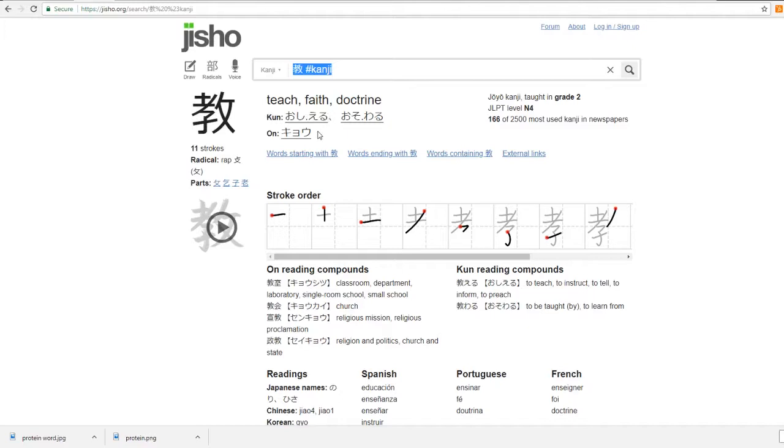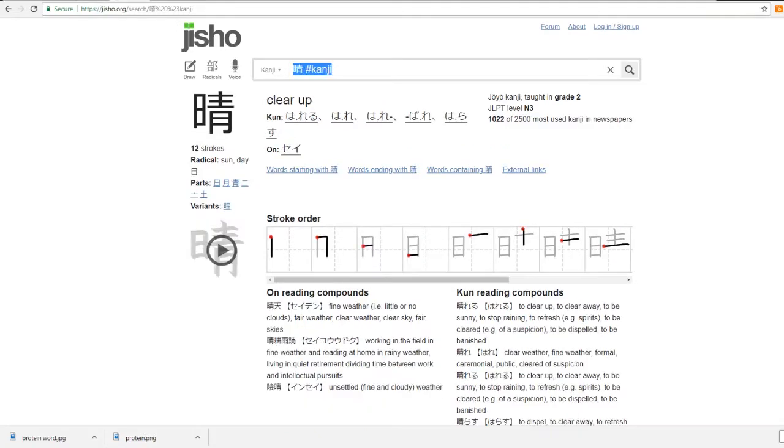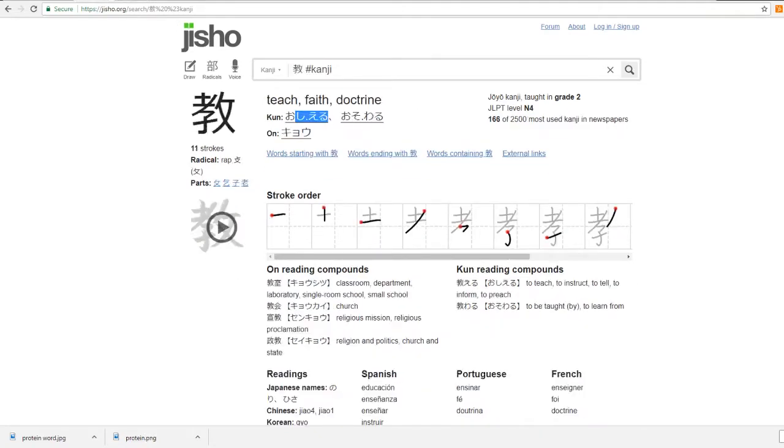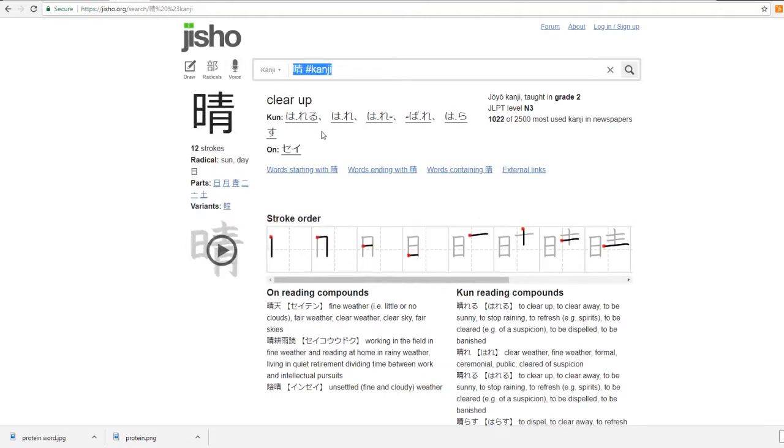Whether or not we agree with those is maybe a different thing, but that's how I like to remember this one. The kunyomi for it is going to be oshieru, and the onyomi for it is going to be kyo. Oshieru means to teach.